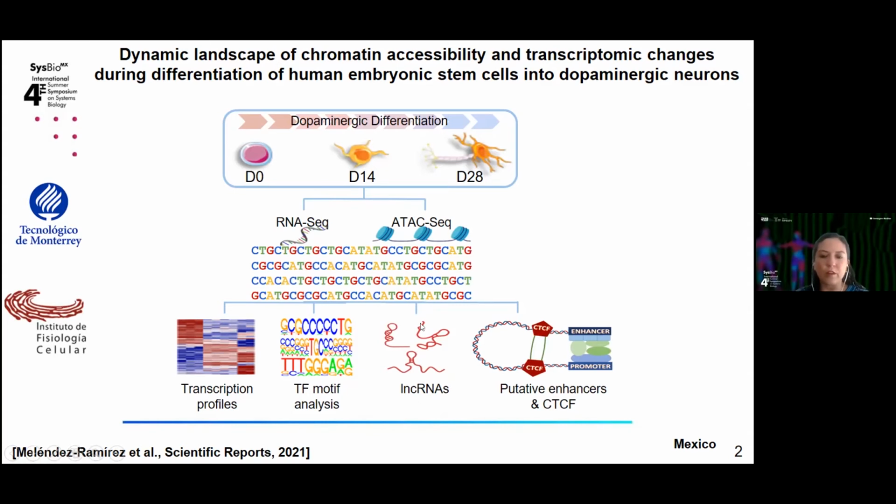We focus on the long non-coding RNAs because, as I mentioned, these non-coding regions of the DNA are transcribed, but they never become protein. Their main functions are regulatory. They regulate transcription. They can bind proteins, other mRNAs, and DNA.